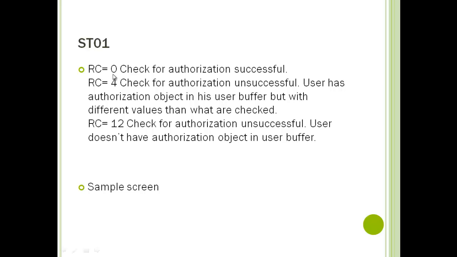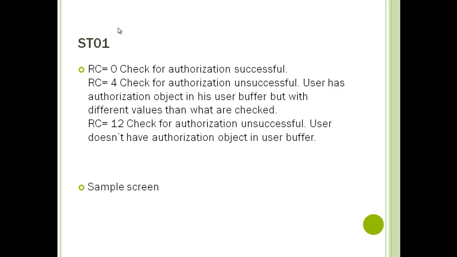So 0 means authorization is fine, 4 means the authorization object is available but with a different value, same as what we had in our SU53. RC 12 means this authorization object is not there at all. In the older versions, 4.7 and below, you will find RZ0 and RZ1. Return code 0 means pass and 1 means fail.